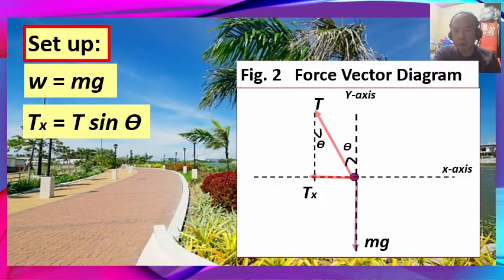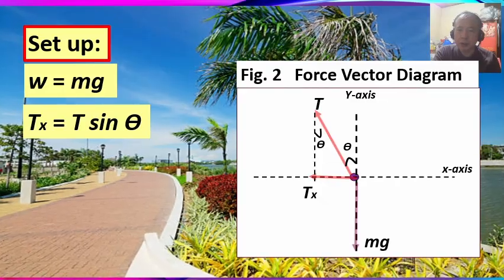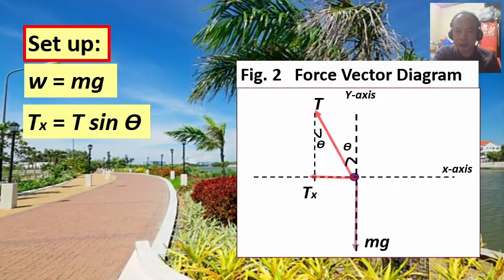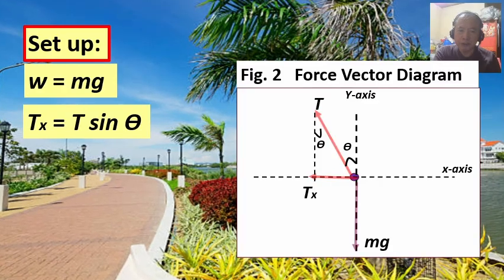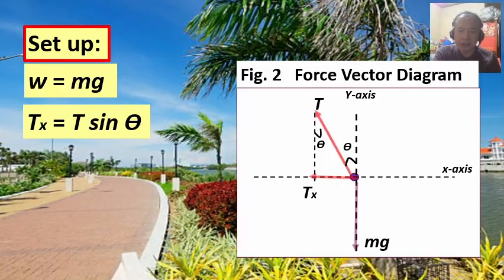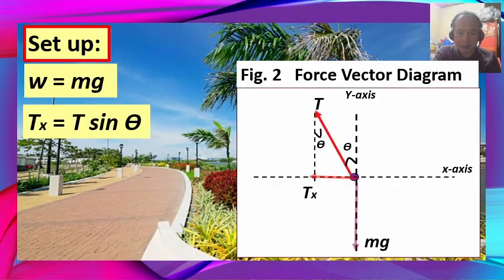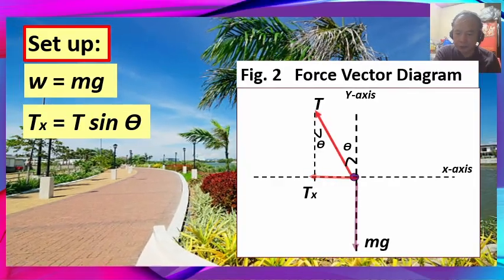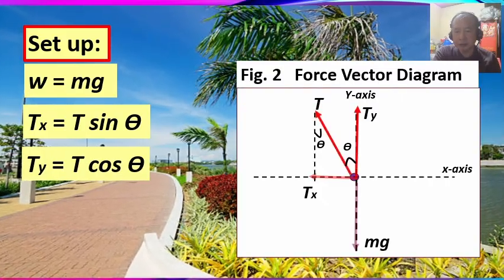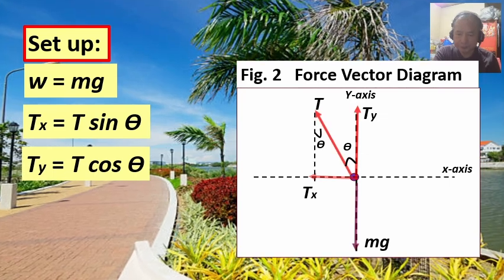The hypotenuse, of course, is represented by the tension force capital T. So our expression for the horizontal component of the tension force T is capital T times sine of the angle theta.